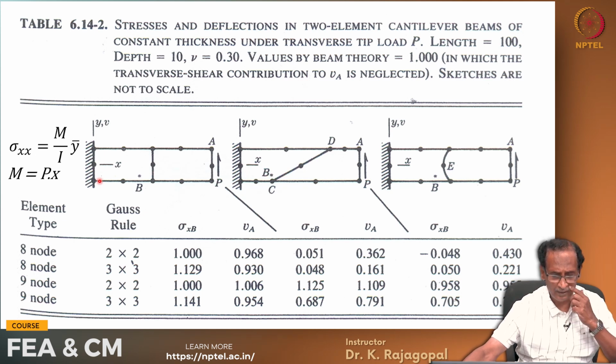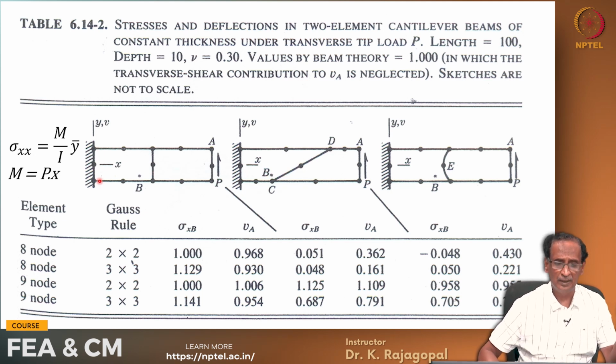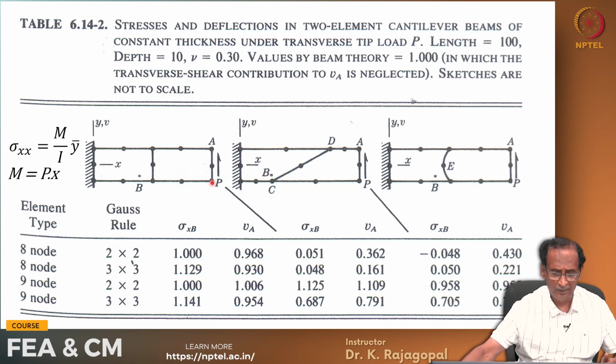At the fixed end your moment is P times L, that's maximum at the fixed end and 0 at the free end, and at any place you can calculate the moment M by I and compare this flexural stress against this sigma xx, and that is what is reported here, the percentage error, or how it compares with the actual result. Okay.